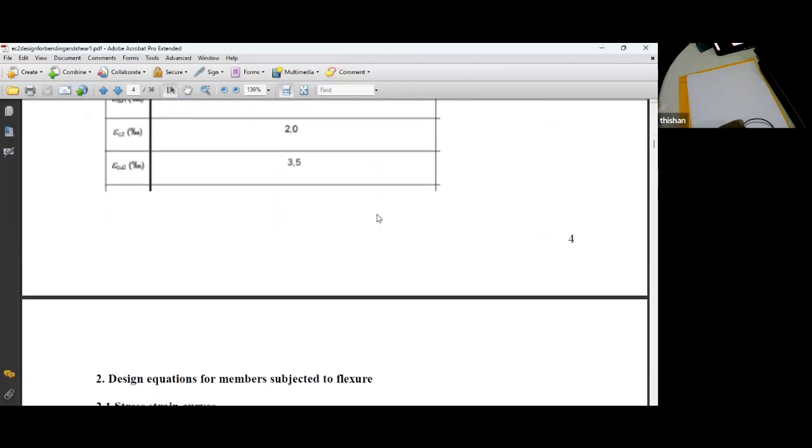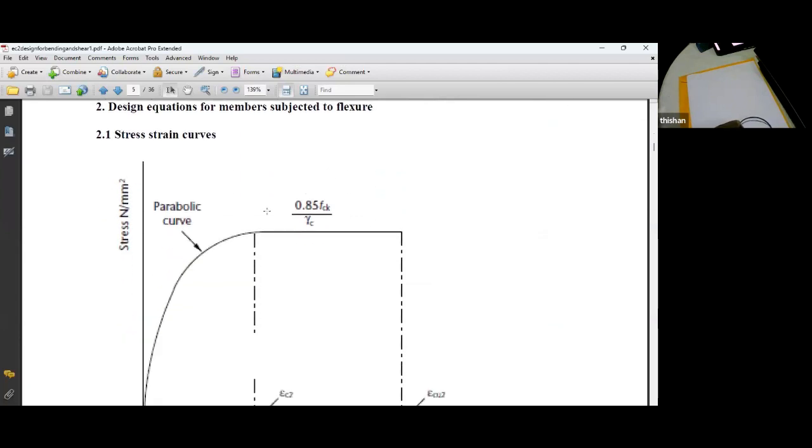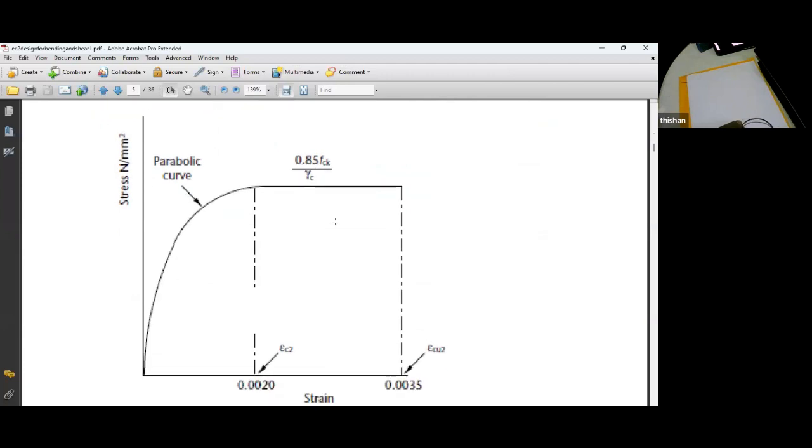And then the design equations, why you get this 0.85 fck divided by gamma c giving 0.567, and the limit of this rectangular parabolic region and the rectangular region from 0.002 to 0.0035.